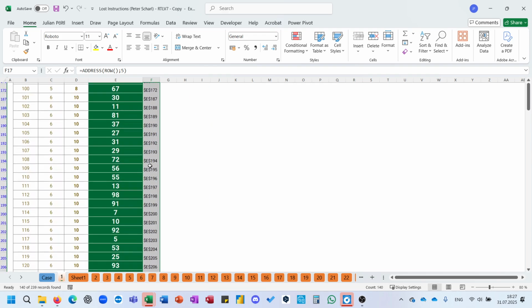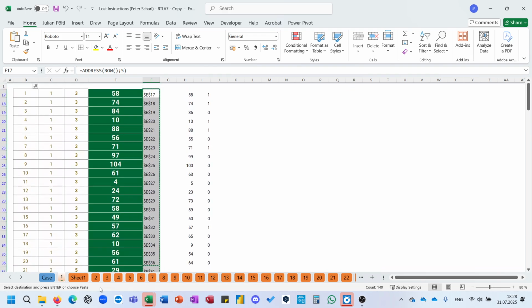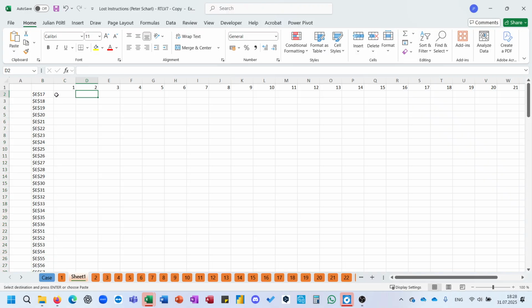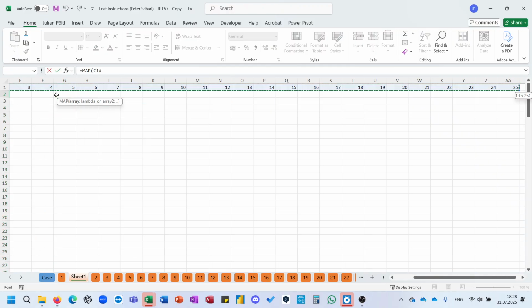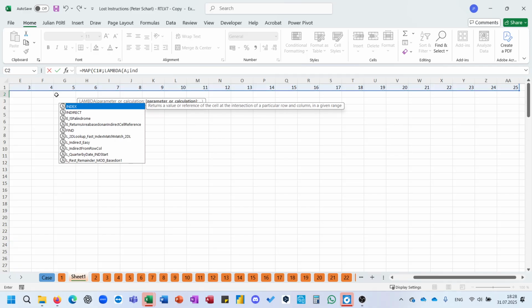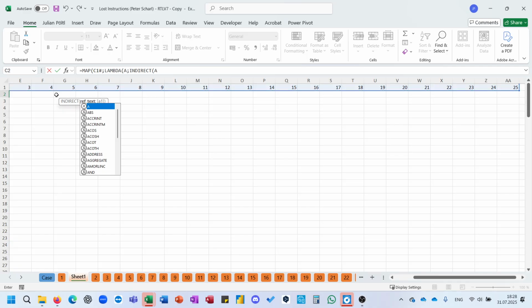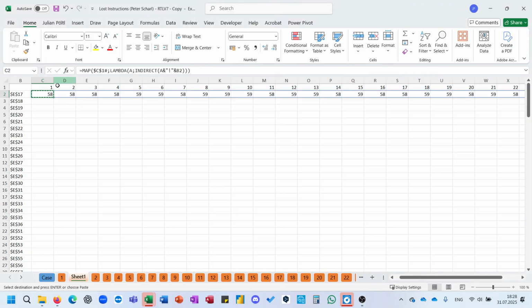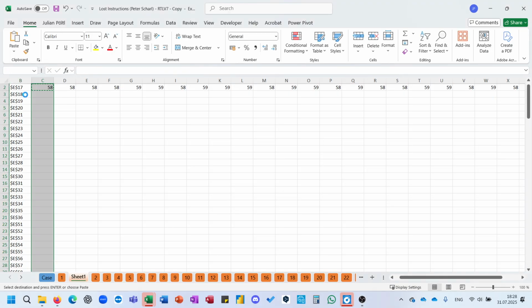And then I get all the answer cells. And then I map lambda a, indirect a, and expression sign, and answer cell. And then I copy this down.